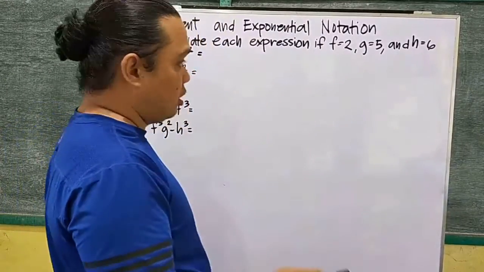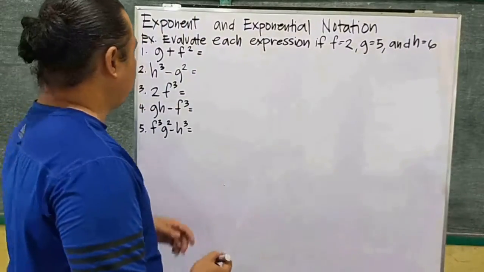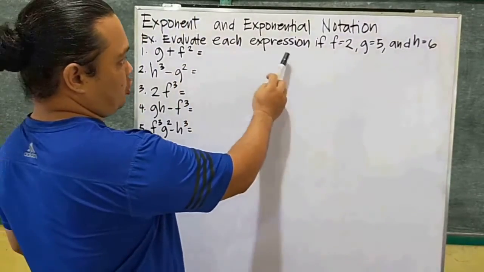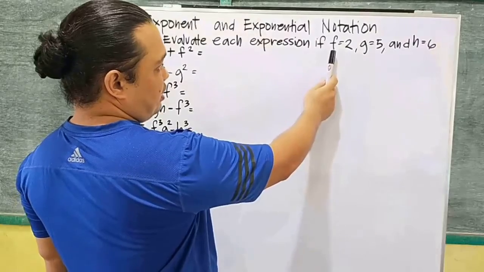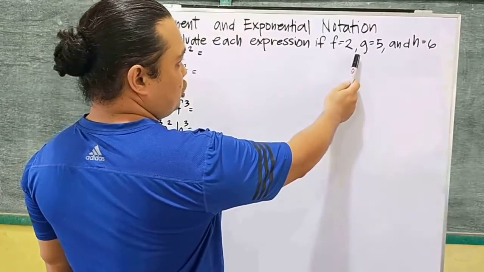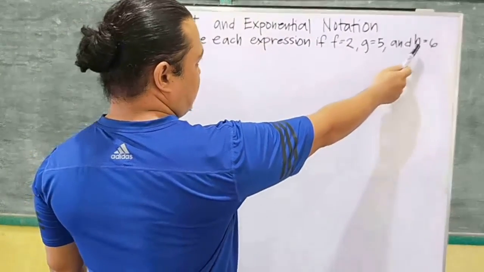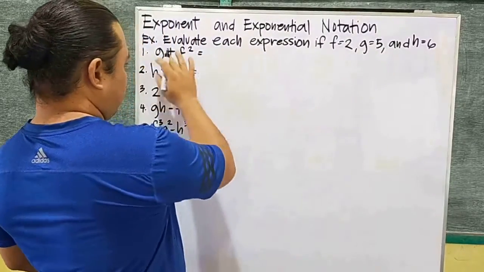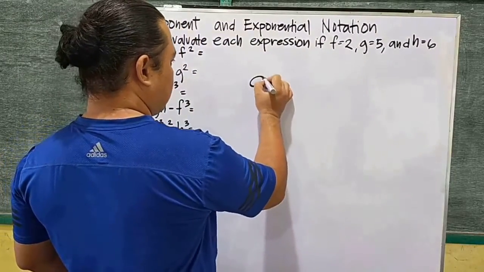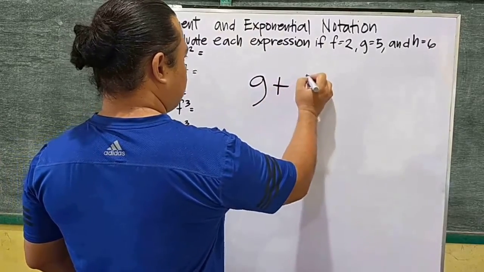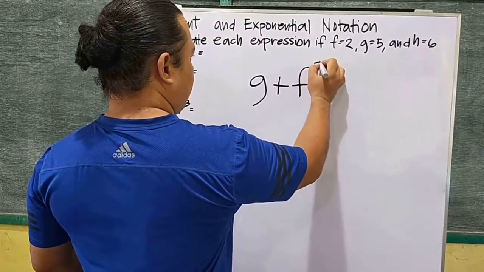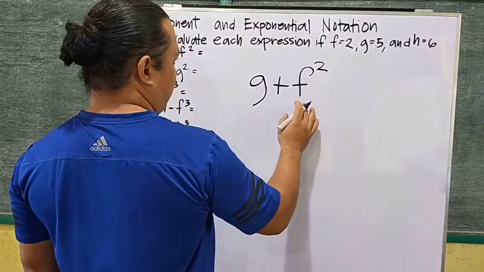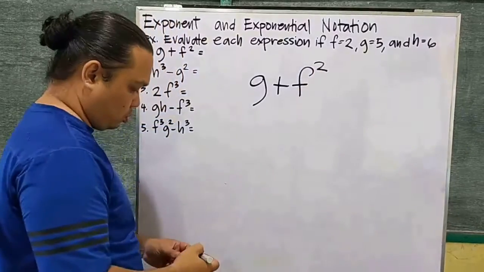This time, let's answer number 1. Evaluate each expression if f equals 2, g equals 5, and h equals 6. Number 1 first: g plus f squared, or f raised to the power of 2.